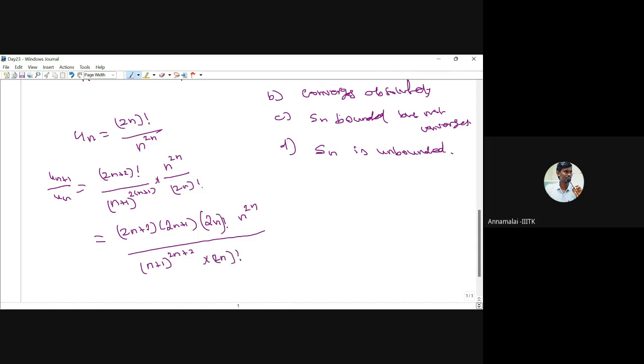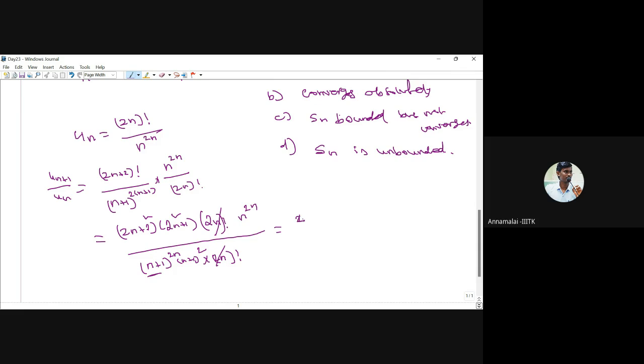So this 2n factorial is cancelled, and we write n plus 1 power 2n plus 2 separately as n plus 1 power 2n into n plus 1 square. From the two terms in the numerator, you can take 2n outside.